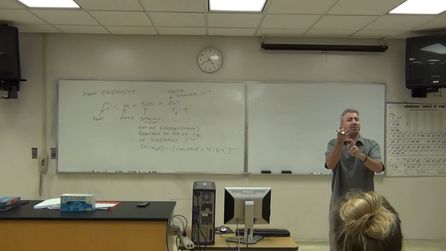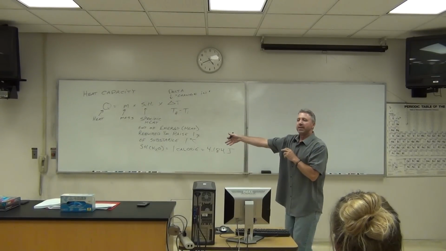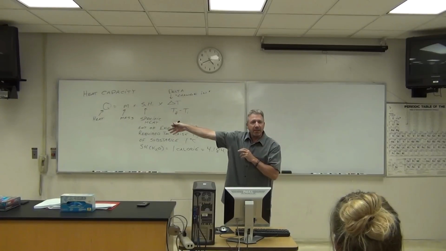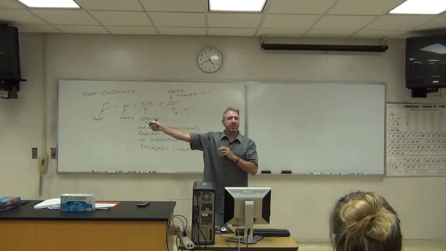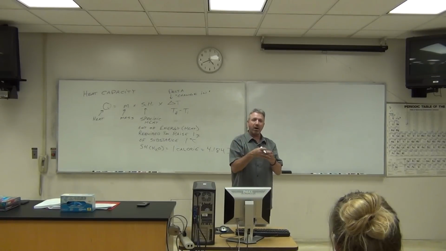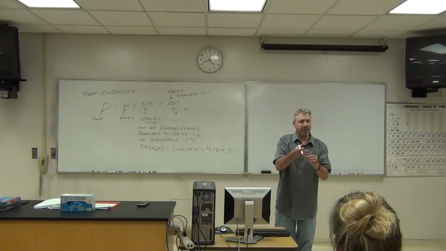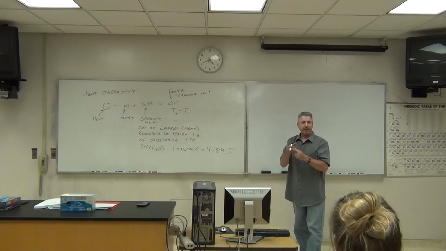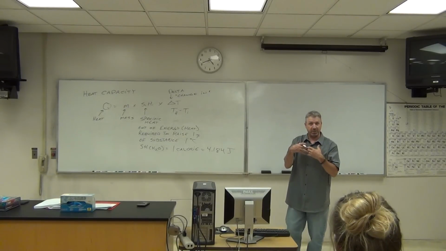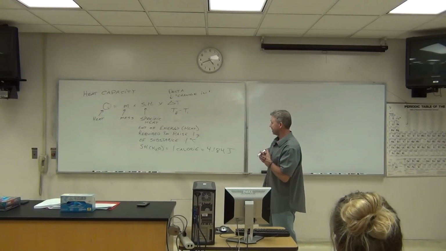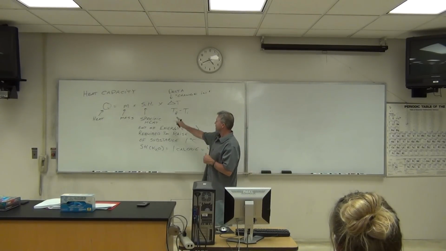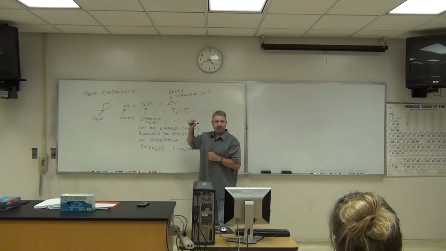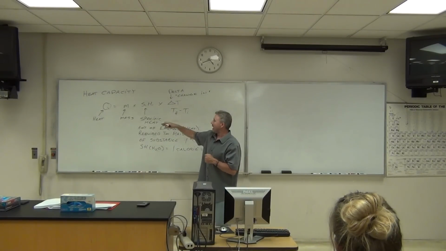I have to put more heat into the lake to raise it 1 degree Celsius than I would a glass of water, right? So it depends on mass, it depends on the specific heat, how much energy I have to put into the substance to raise 1 gram 1 degree Celsius, and then what's my temperature range.